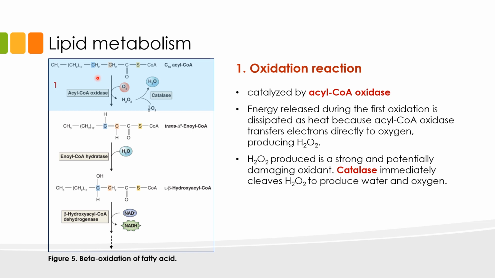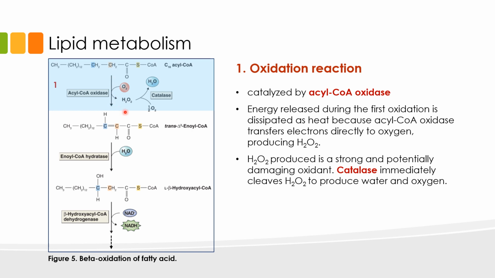During the oxidation reaction, there is an addition of oxygen atom that leads to the removal of hydrogen atoms from the beta and the alpha carbons. Consequently, this generates heat as well as hydrogen peroxide, which is harmful to the cell.